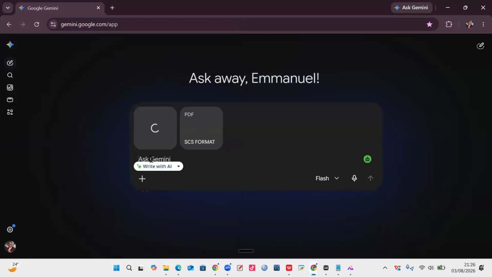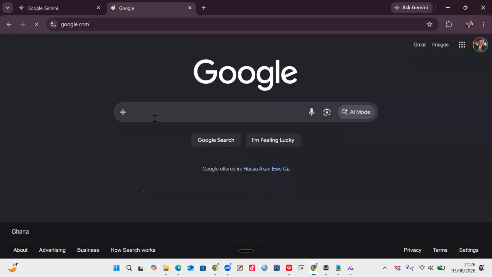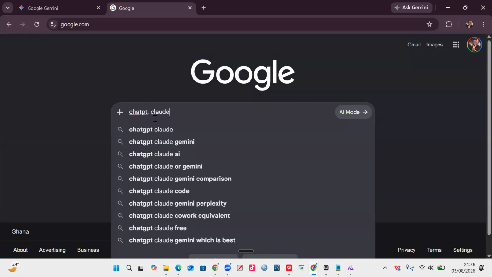So, for example, so that you can read the entire thing, and if we are getting confused, you can use ChatGPT. Yesterday, I did say that there are so many AIs. We have ChatGPT, which is by OpenAI. We have Claude, which is by Anthropic.